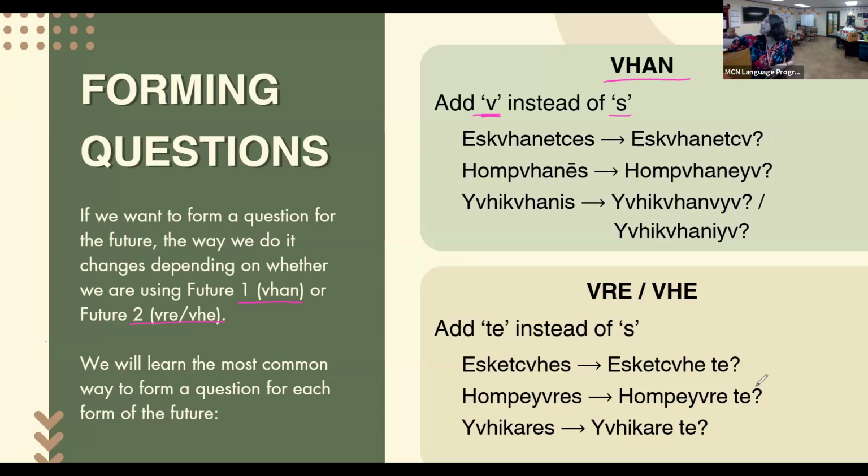So iskahanitjus. If we want to add a question, iskahanitja or iskahantja, right? So is how we're ending it now. Hombahanis, we're going to eat. So now we switch it to an sound at the end. Hombahania. Hombahania, are we going to eat?